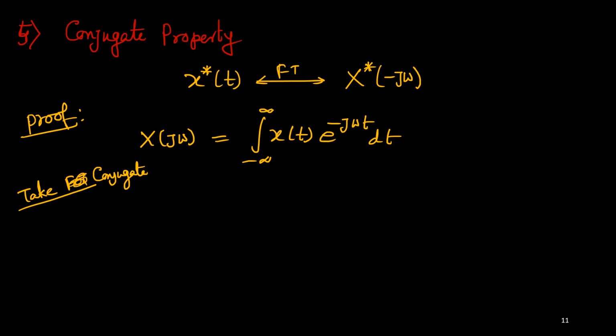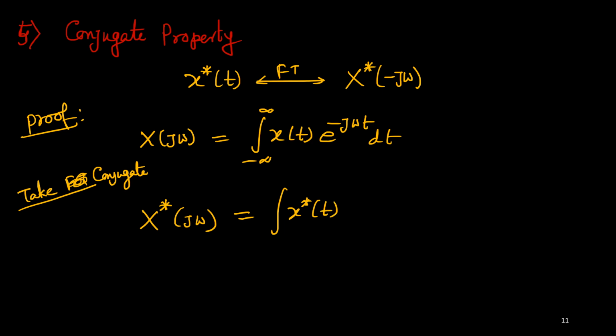So the left side, this term could be complex, so we can take the conjugate. The conjugate of X of j omega, if it is real, will remain the same. If it has both real and imaginary parts, then you will have a conjugate part. And on the right side, the signal, we are considering it can be complex, so I can consider its conjugate.